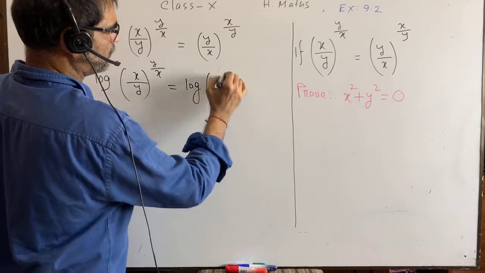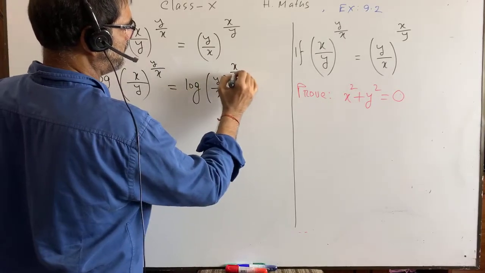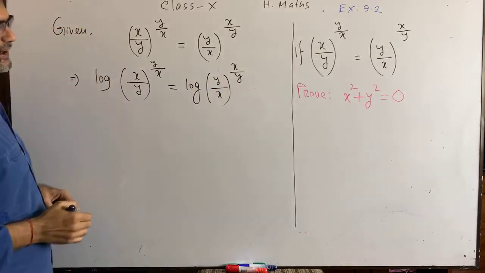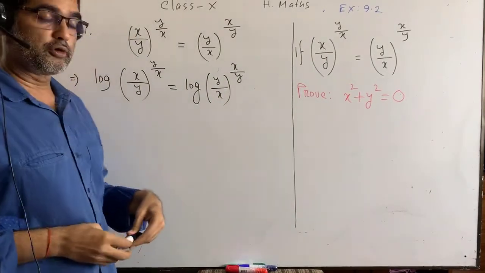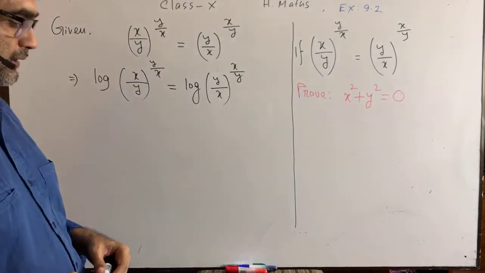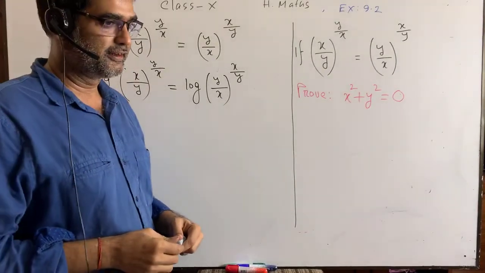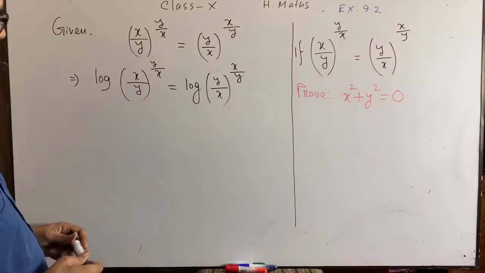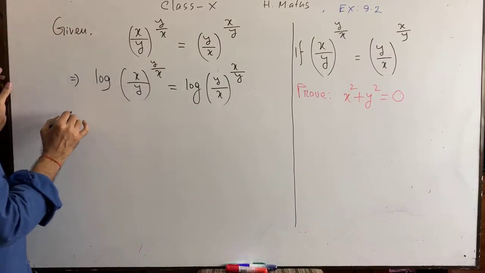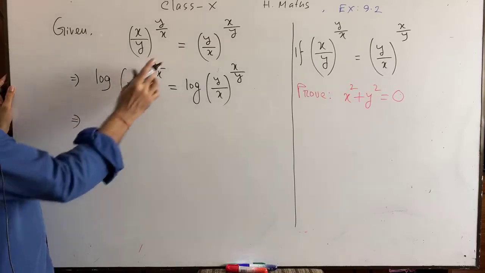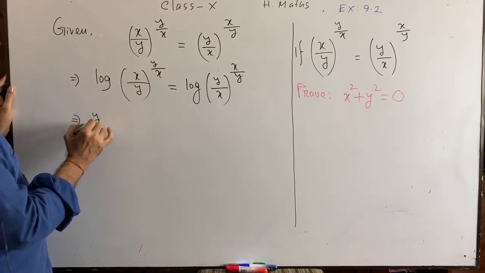y by x whole to the power. What should be the side note? Taking log to both the sides. Okay, don't write down the multiplying by log. Please don't write down. Okay, taking log to both the sides. Now what should you write here? This is y by x. Write down y by x.